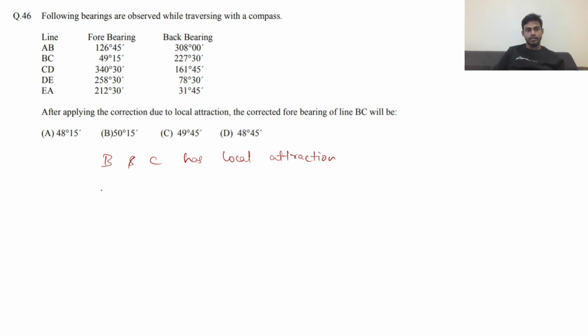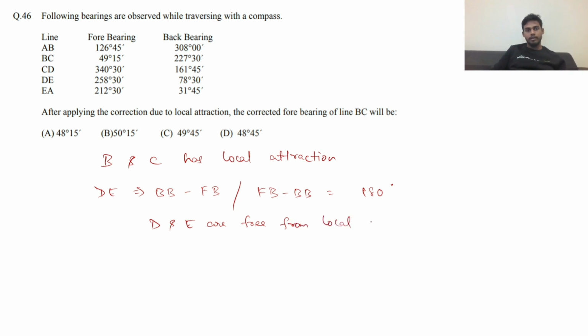For DE, the difference between forward bearing and back bearing is 258 degree 30 minutes minus 78 degree 30 minutes, which is exactly equal to 180 degree. So D and E are free from local attraction.